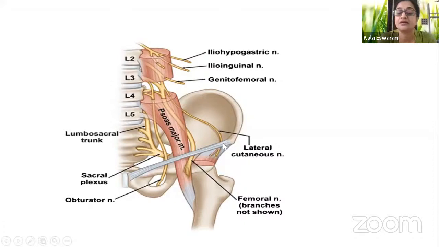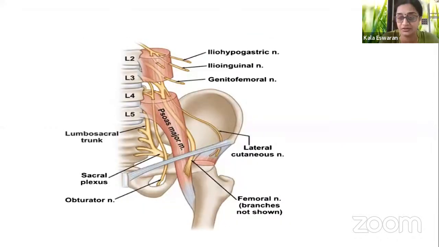It comes beneath the inguinal ligament at the insertion of the inguinal ligament to the ASIS, and then divides into its anterior and posterior branches. It lies over the iliacus muscle underneath the fascia iliaca.